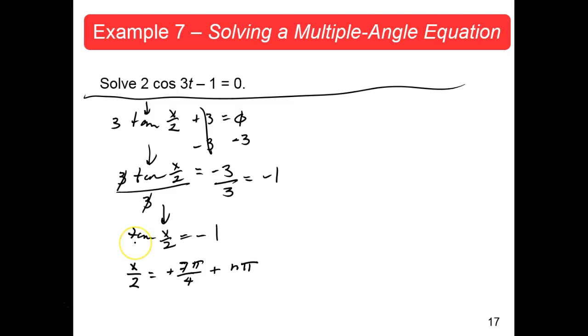Now we need to do what? Now we want to solve for x. Not for the argument, but for x itself. So multiply everything on both sides by 2.